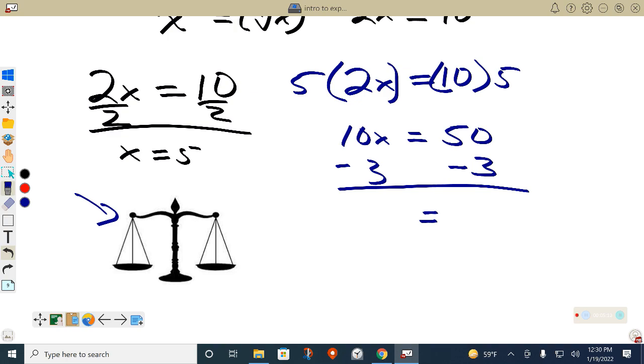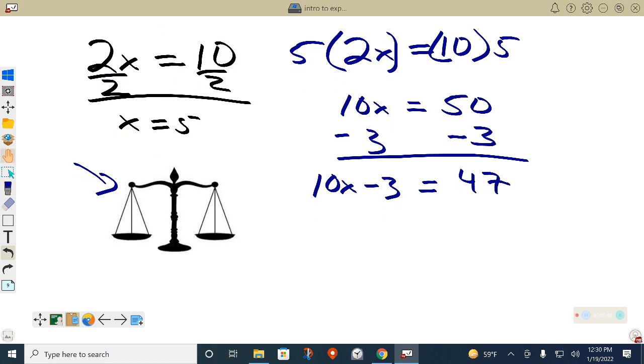Thank you, appreciate it. It's just 10x minus 3. Right, they're not like terms, huh? So it's a trick question. You can't combine numbers with x's. You have 10 x's, you can't subtract 3 from 10 x's, you just leave it at 10x minus 3. Over here then it's 50. What's 50 minus 3? That I can do. That's 47.